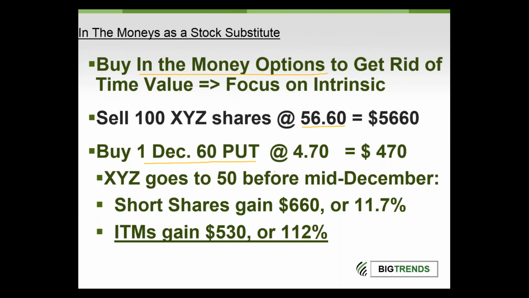So that 340, as a percentage of the 470, works out to about, I think it was 72% intrinsic value, and that means that the remainder, in this case about 28%, the $1.30 of time out of that 470, that's time risk. If nothing happens, it's just dead flat, you lose 28% in your option.